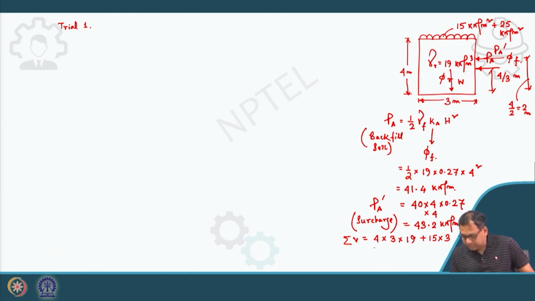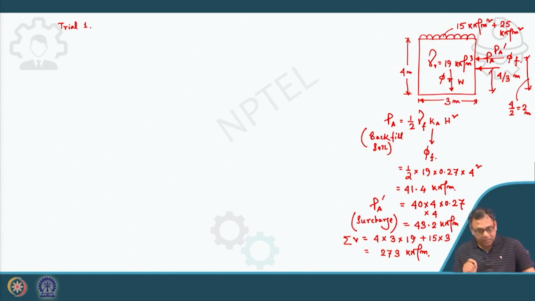Again I will discuss something. So that is equal to 273 kilonewton per meter. Again, in case of your PA calculation, I have taken 40 as the surcharge, but in case of sigma V calculation, I have taken 15 as a surcharge.